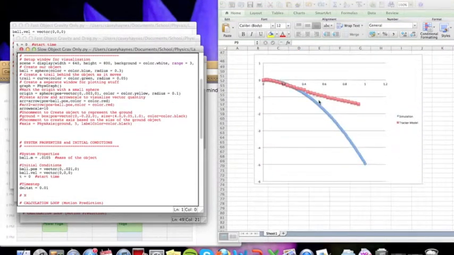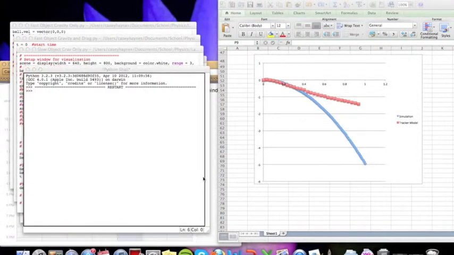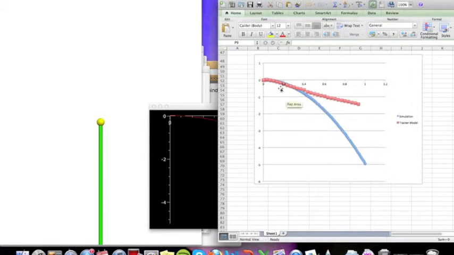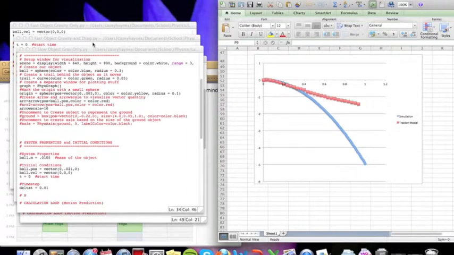So for our slow object with gravity only, we'll run that module. There we go. And you can see again, Tracker is not lining up with the simulation. It definitely levels out a lot more where the simulation accelerates.